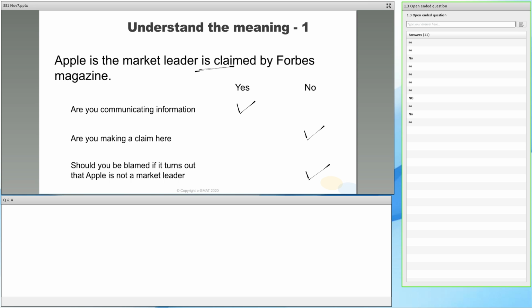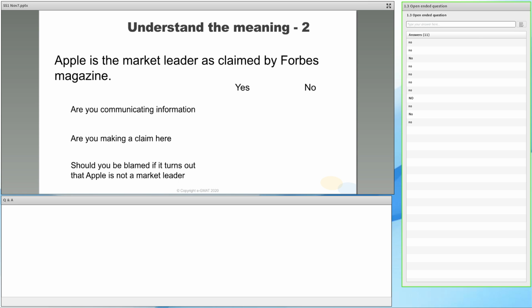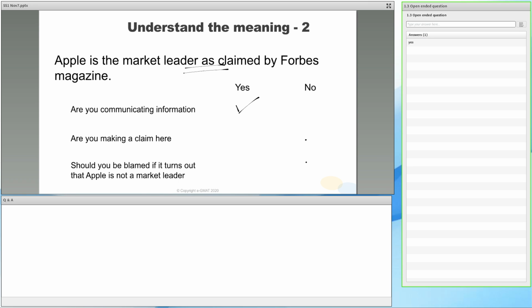Remember this is claimed. Let's take another sentence. So this is what we did over here. This is a summary. Let's take another sentence. "Apple is the market leader as claimed by Forbes magazine." Are you communicating information? Yes. Are you making the claim in this case? Yes, you are.